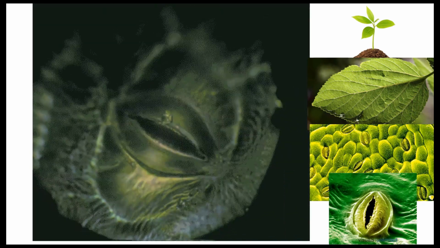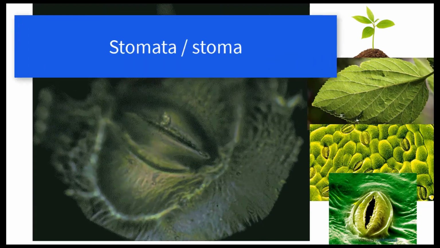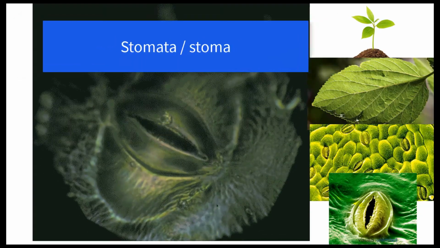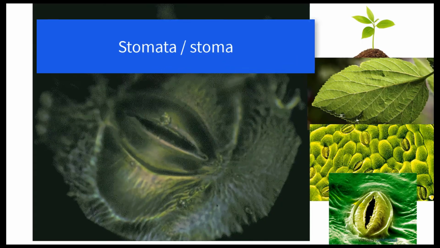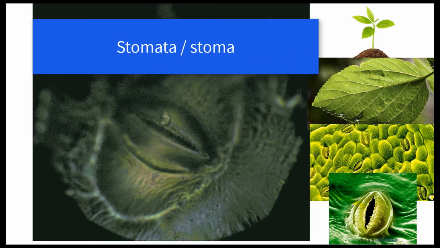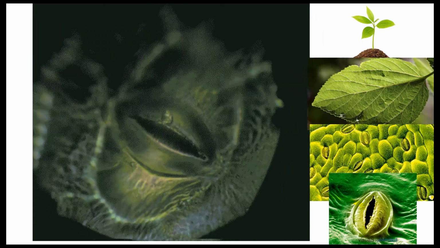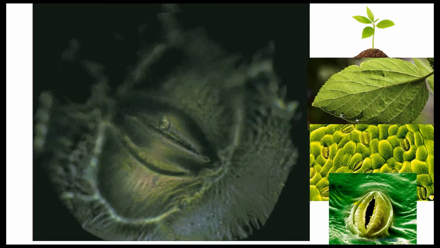Now, when we get one stomata, it's called a stoma. And we can see that the stoma is made up of 2 cells and a little hole. So there's a little hole in the center here.